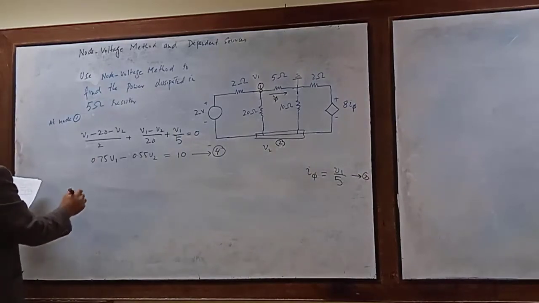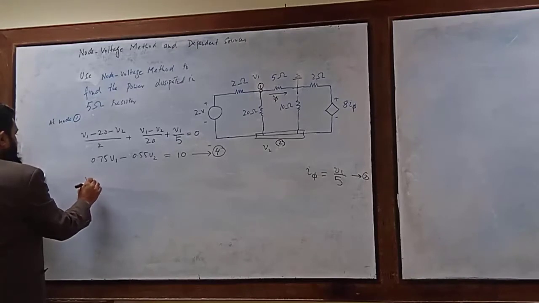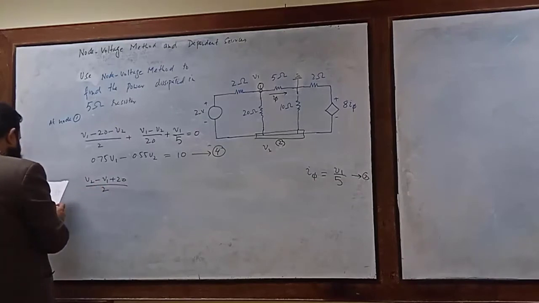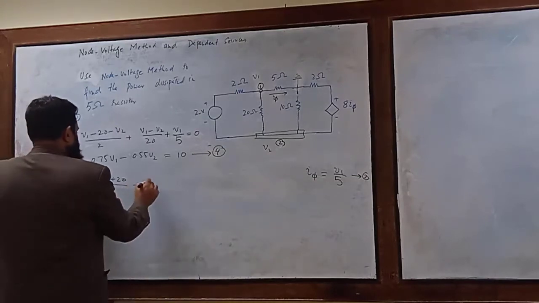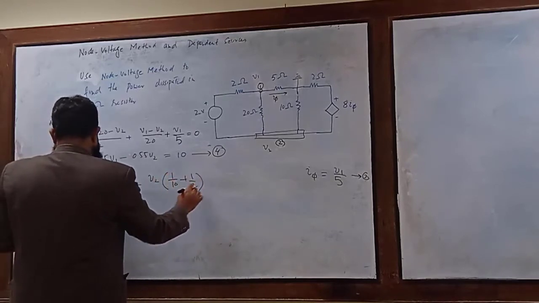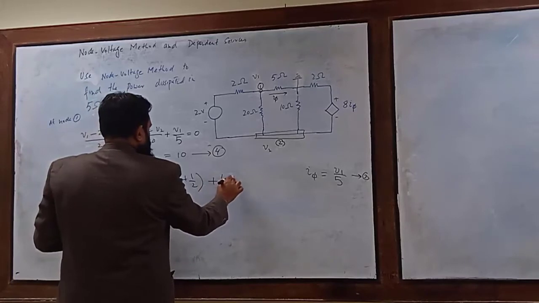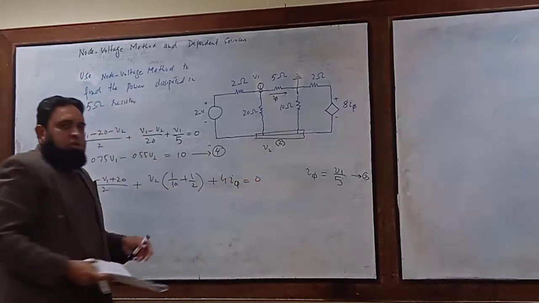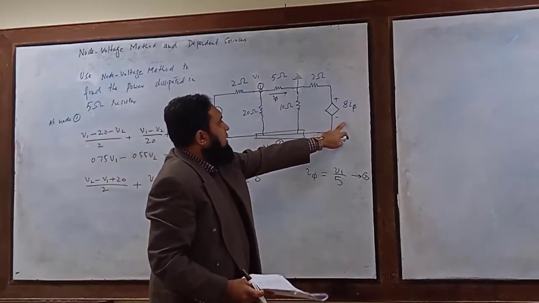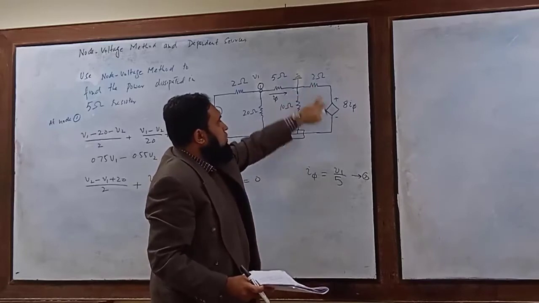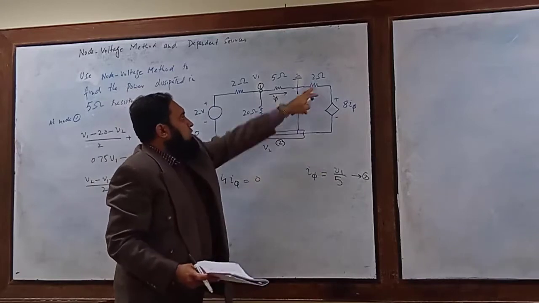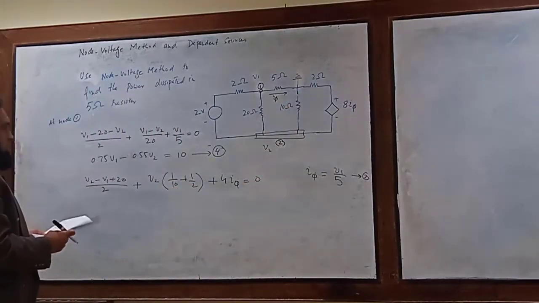And similarly, with this equation, V2 minus V1 plus 20 divided by 2, plus V2 times 1 over 10 plus 1 over 2, plus 4 I5 equal to 0. So here we have V2 plus 85 divided by 2, so V2 divided by 2 and 85 divided by 2.